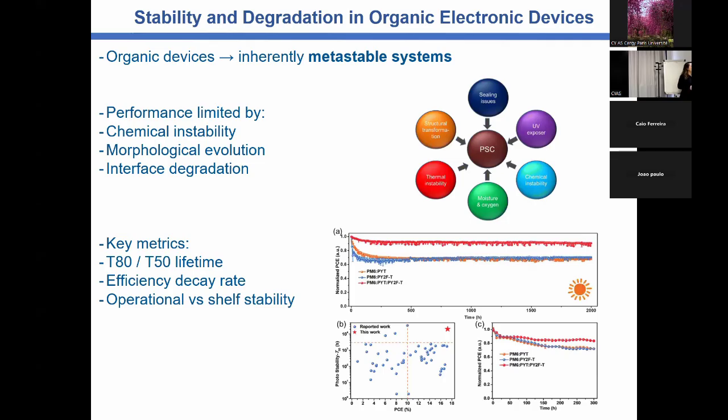And also, as we discussed, the interface degradation. So during the operation of the device, there is usually charge accumulation in the interface.